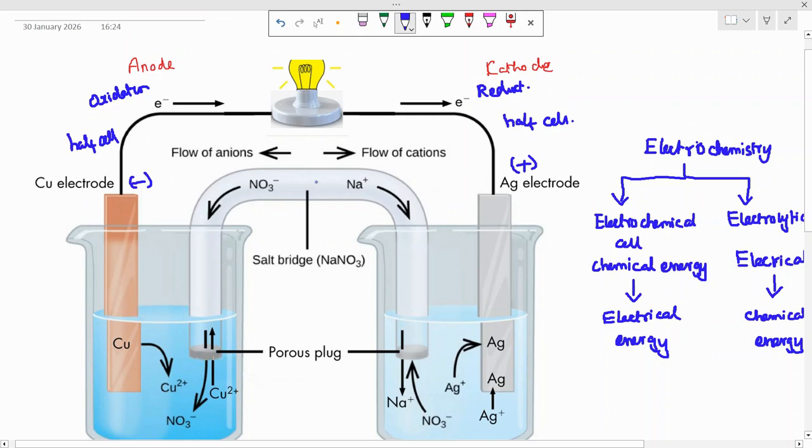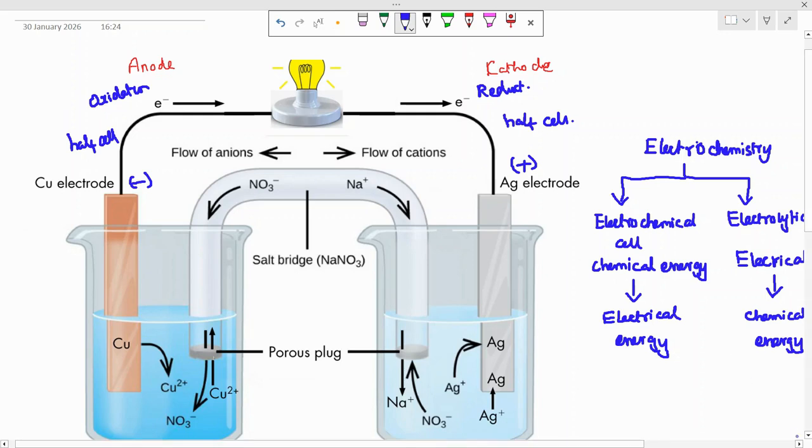Actually, we are taking the redox reaction, and we have separated the reduction compartment and the oxidation compartment. That automatically creates a voltage difference, and because of that voltage difference there is a movement of electrons. The movement of electrons makes the bulb glow.